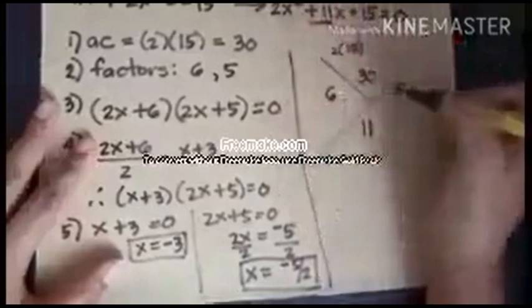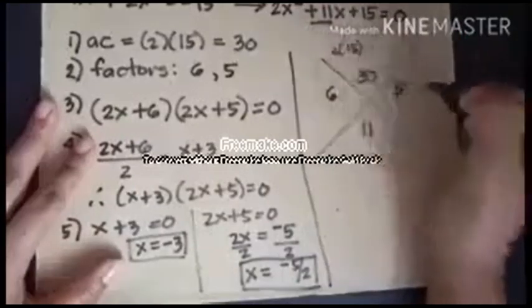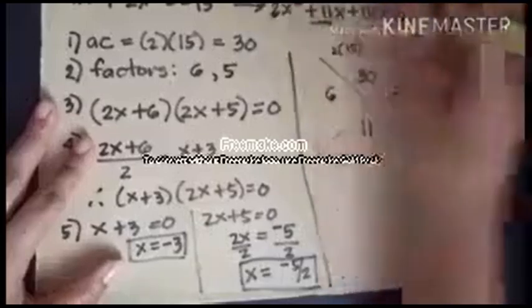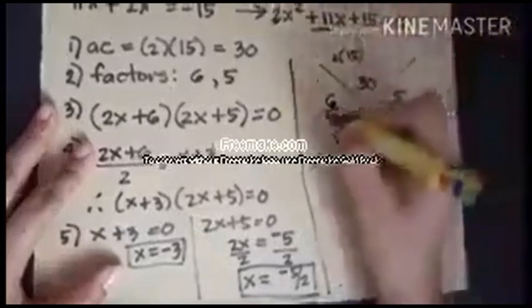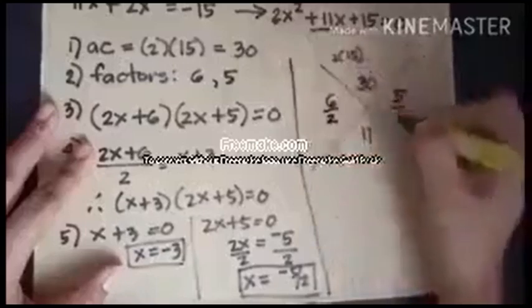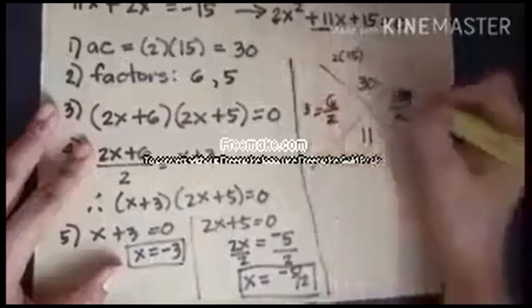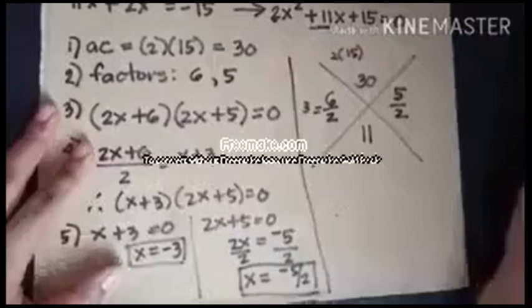Okay? So, next is to divide 6 and 5 by the value of A. What is the value of our A? The value of A is 2. So, we divide both sides, both factors by 2. 6 divided by 2 is 3. 5 divided by 2 is 5 over 2.